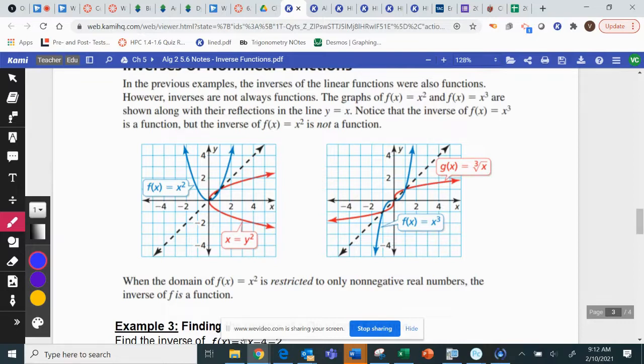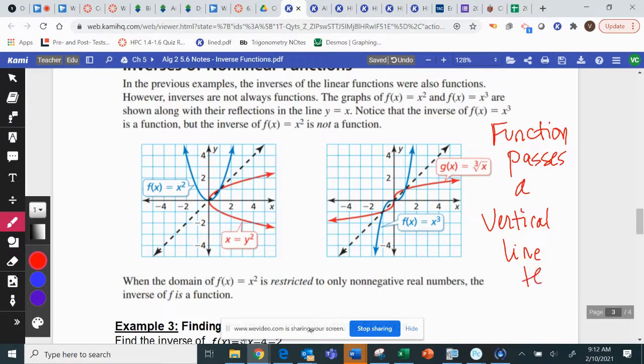They're inverses. There's just one thing. When we have a function, it passes a vertical line test.